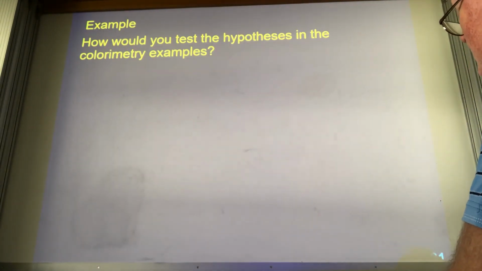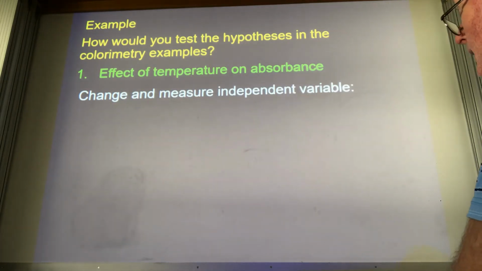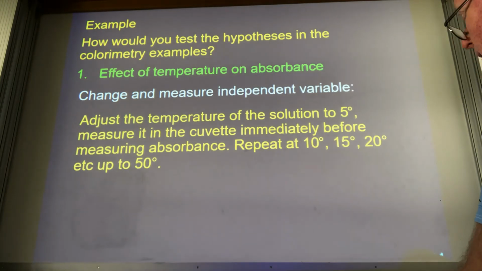So how would you test the hypotheses in the colorimetry experiment? I'm just going to run through these fairly quickly.